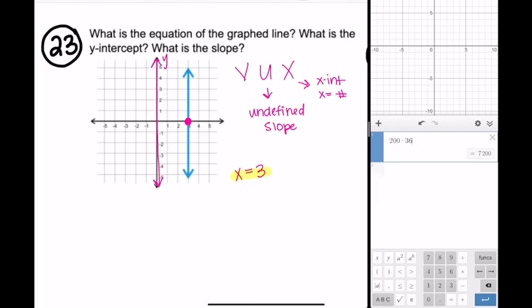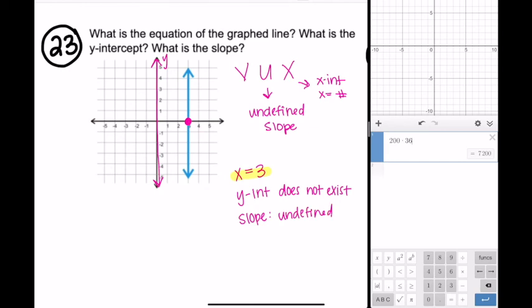So this line is never going to touch the y-axis, so there is no y-intercept. Now the slope is undefined.